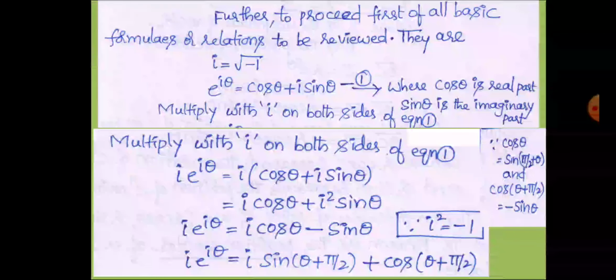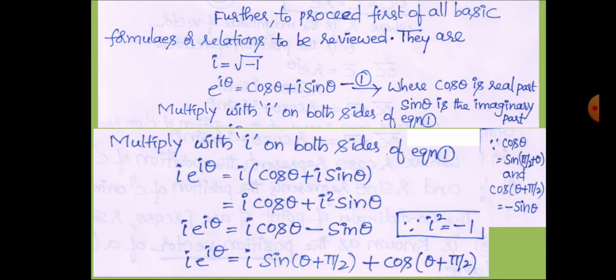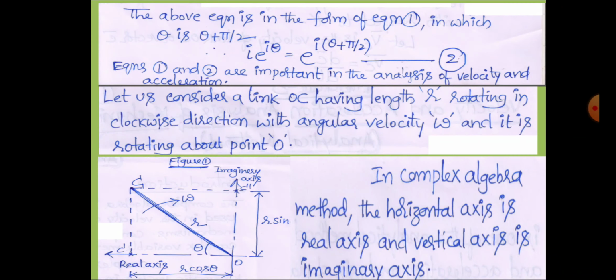Hence, I replaced, in place of cos theta, sin of theta plus pi by 2, and instead of minus sin theta, I can write plus cos of theta plus pi by 2.